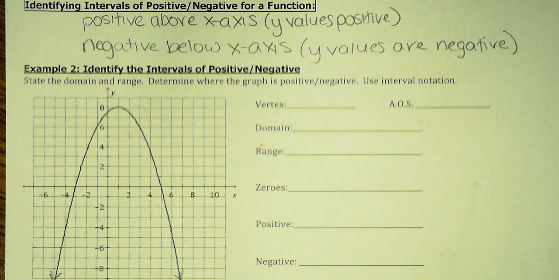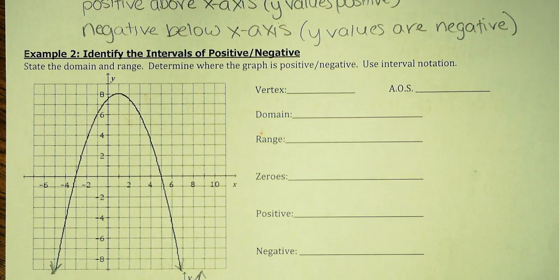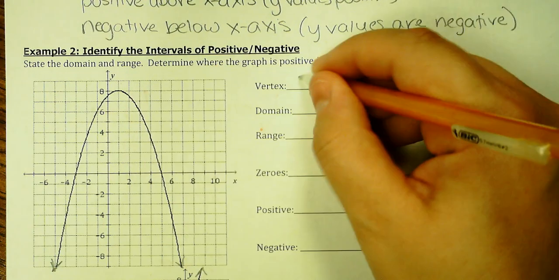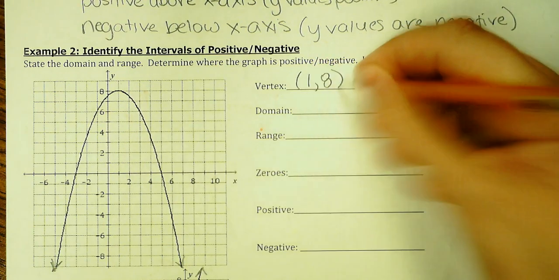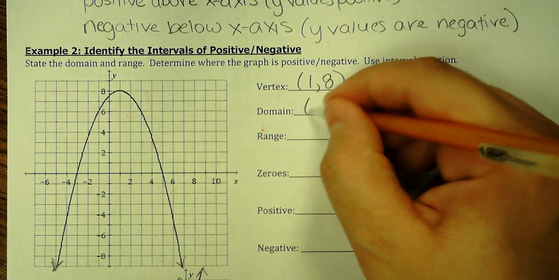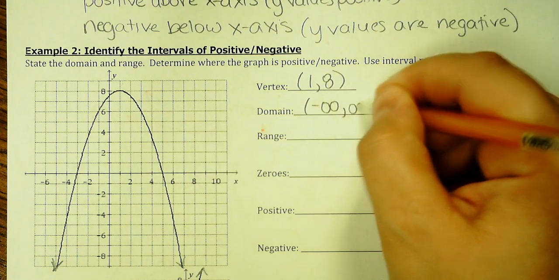So I've got two graphs to practice with here again, and I'm going to use my highlighter to help focus where these intervals are positive and negative. So just for the vertex, and actually this might be the same graph we were just working with. This is 1, 8, axis of symmetry, x equals 1. Domain for every single graph, negative infinity to infinity.